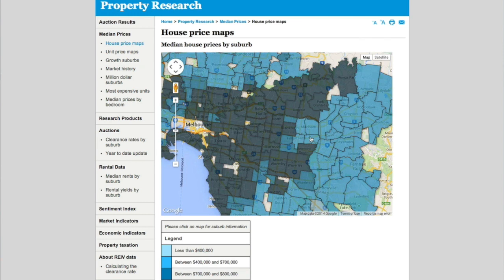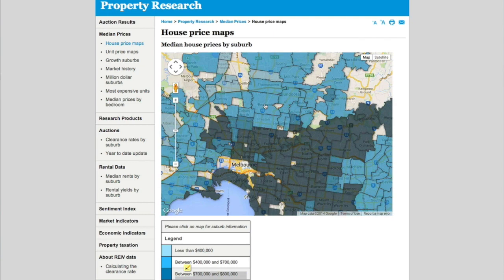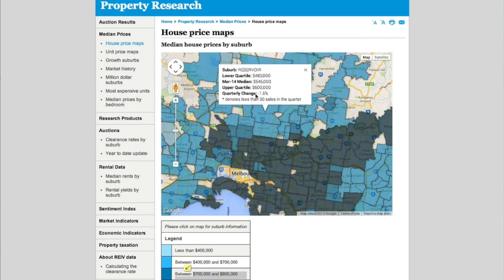I've been looking to develop in this area. I've been looking at Boronia, then Ringwood, Mitcham, all these areas, because as you can see, their median value is between 700 and 800, and you wouldn't want to be in that area. So all these light blue colored ones here, for example, Reservoir, what's happening there? Okay, it's negative 1.5, so not good.